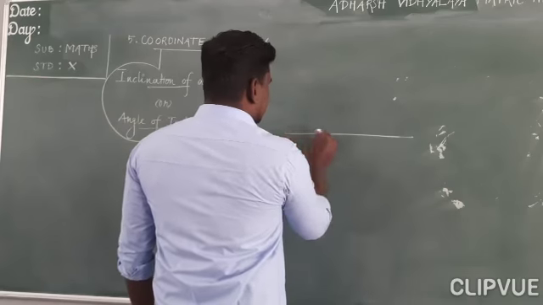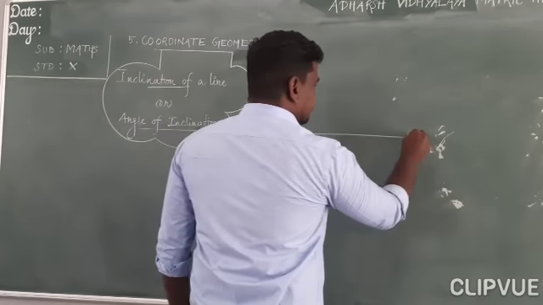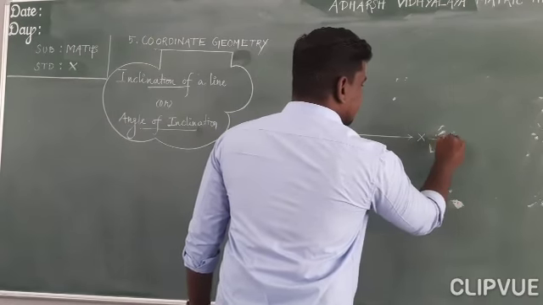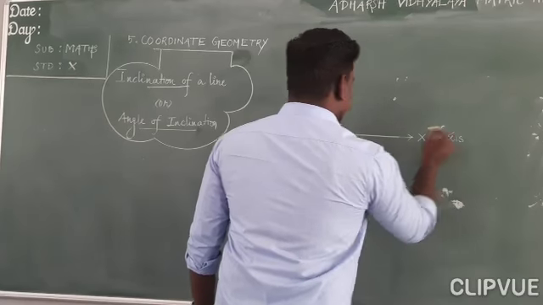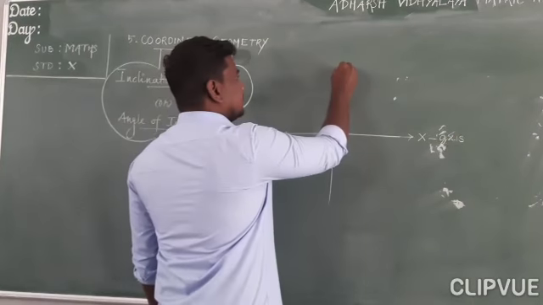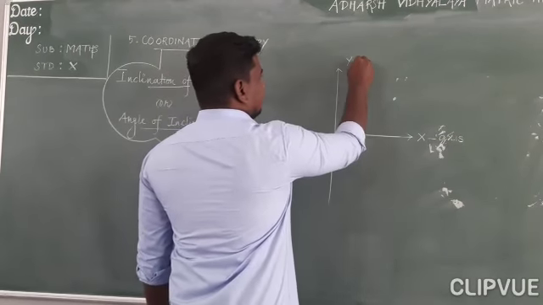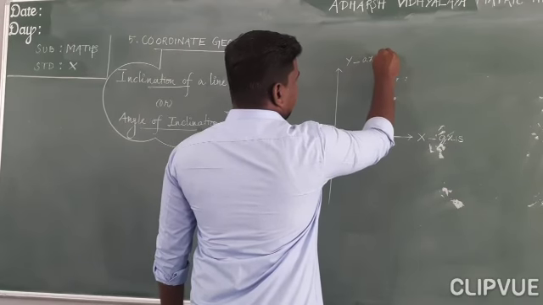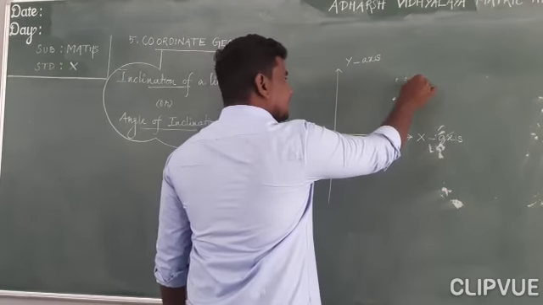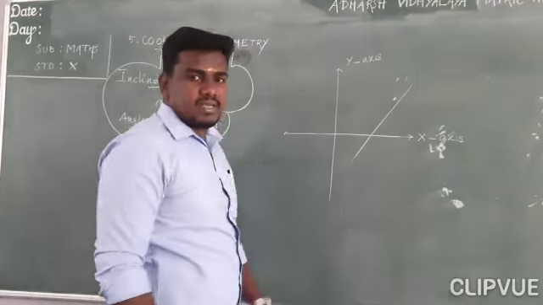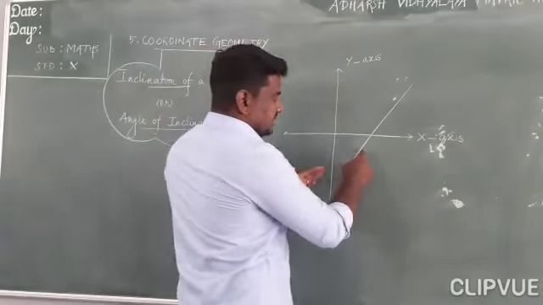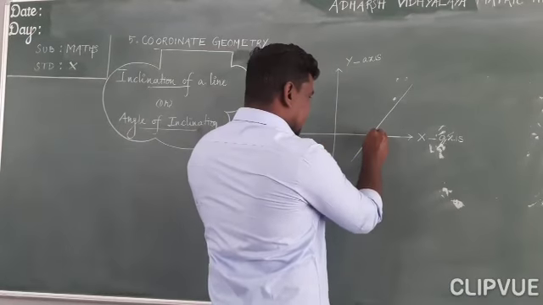You know that this is the x-axis and this is the y-axis. If a straight line intersects the x-axis, it meets at a point here.